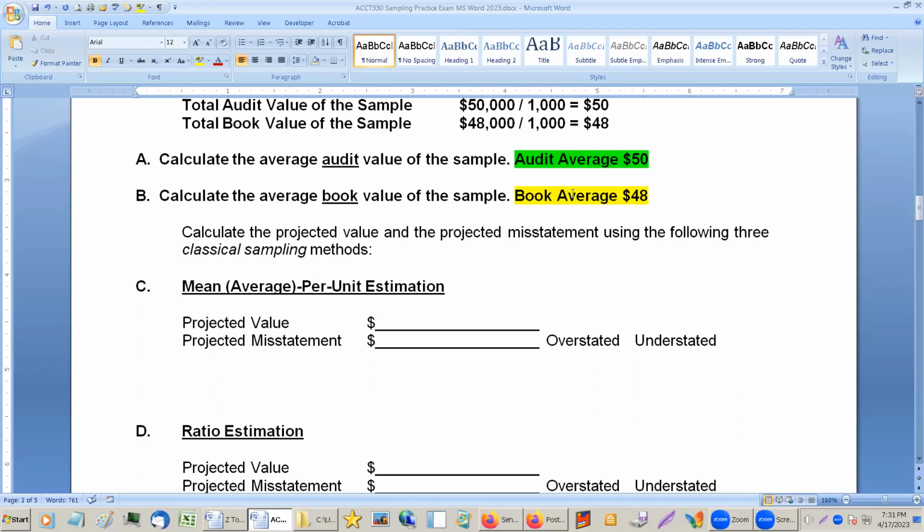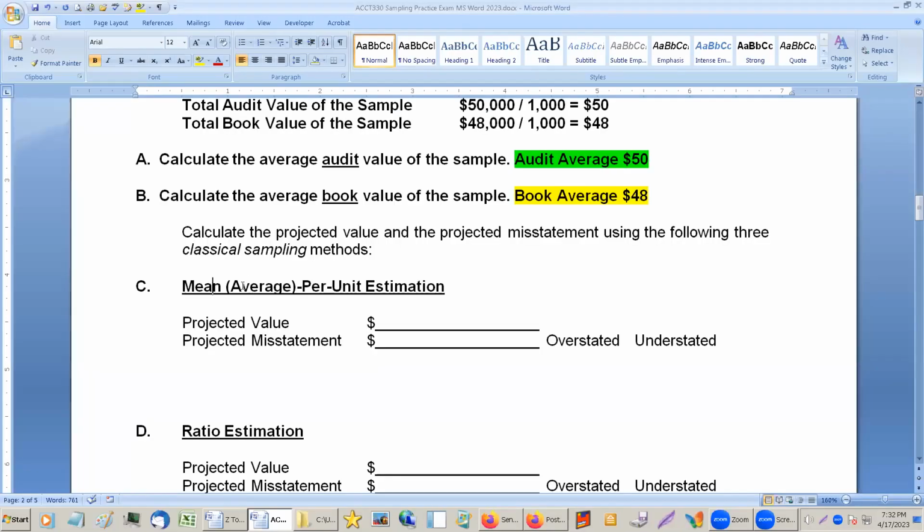Is the audit average more persuasive or the book average? Actually, the audit, because one thing to be clear about when you're auditing: the stuff that you learn through your own doing, whether it's calculations or observing or whatever, is always more persuasive than what someone else gives you.